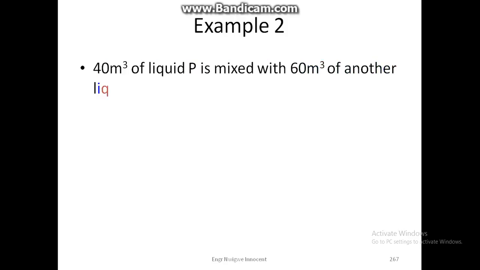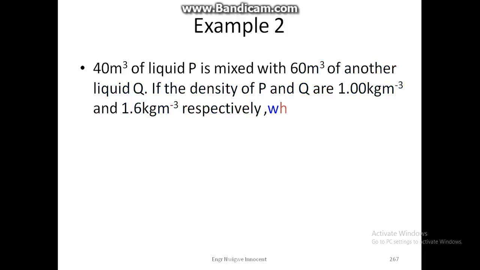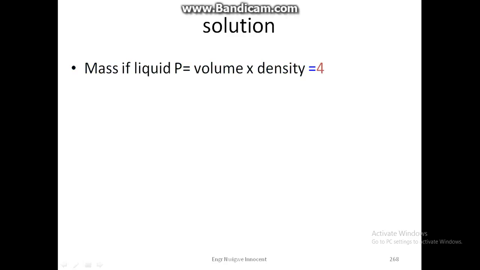Example 2. 40 cubic meters of liquid P is mixed with 60 cubic meters of another liquid Q. If the densities of P and Q are 1.00 kg per cubic meter and 1.6 kg per cubic meter respectively, what is the density of the mixture? Solution. Mass of liquid P equals volume times density, 40 times 1, which is 40 kg.